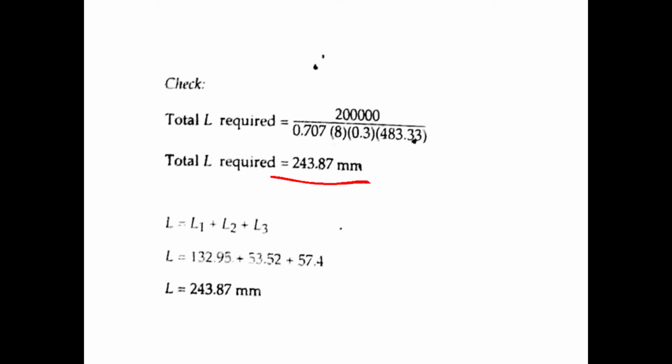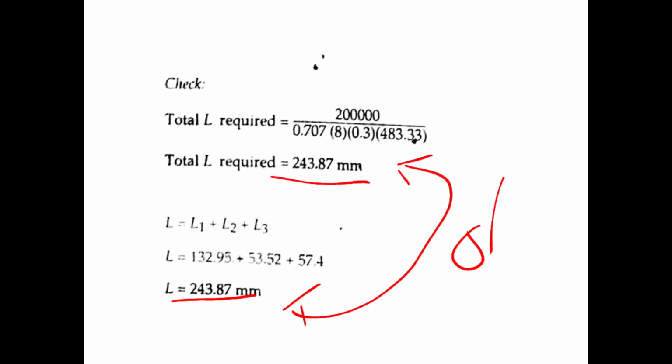So in order for us to know if the total L required is correct, we have L is equal to L sub 1 plus L sub 2 plus L sub 3, where L sub 1 is equal to 132.95, L sub 2 is 53.52, and L sub 3 is 57.4, so a total of 243.87 millimeter. And as you can see, it is okay.